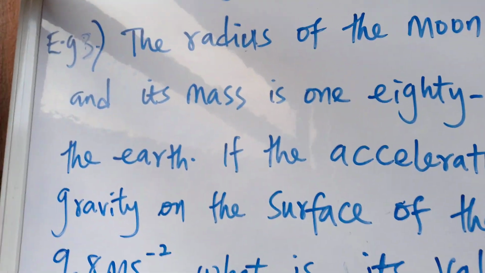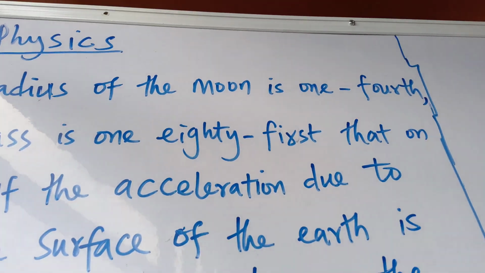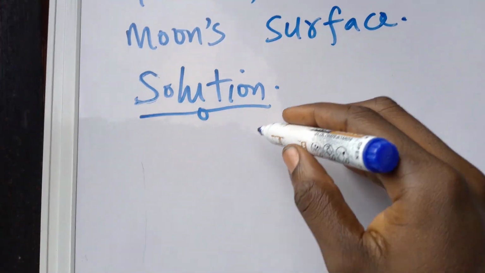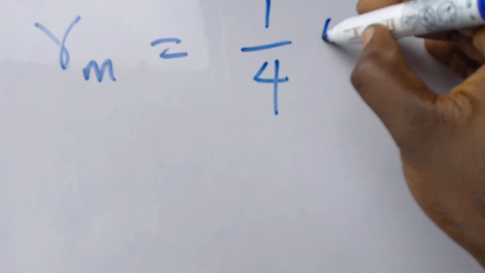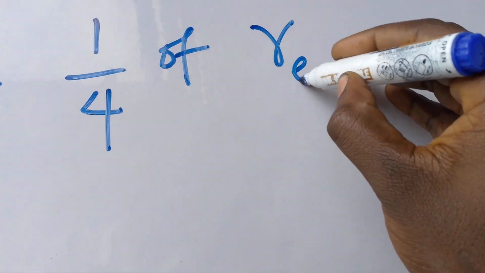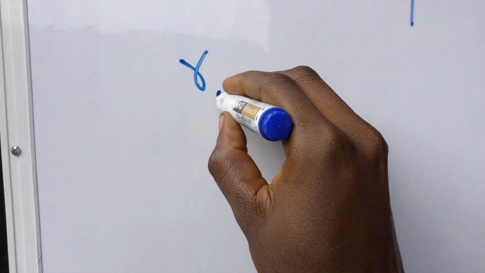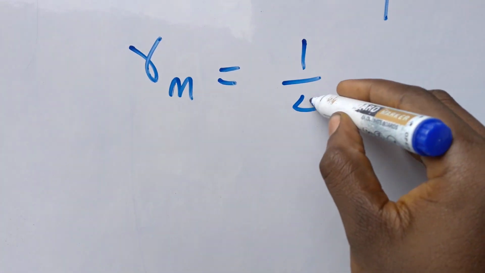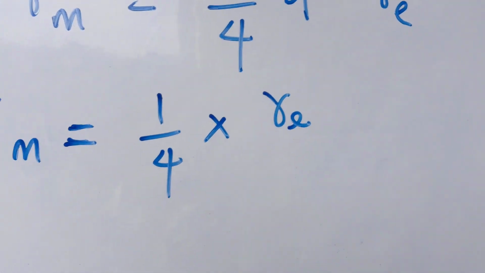Alright, so let's look at that quickly. First thing that was given to us is the radius of the moon being 1/4. So we say the radius of the moon is 1/4 of the radius of the Earth. That means that Rm is 1/4 times Re.